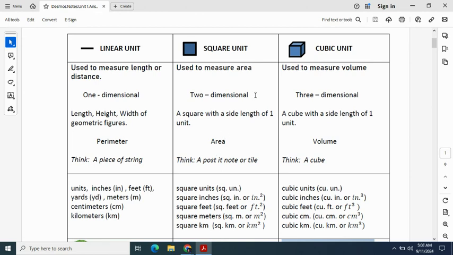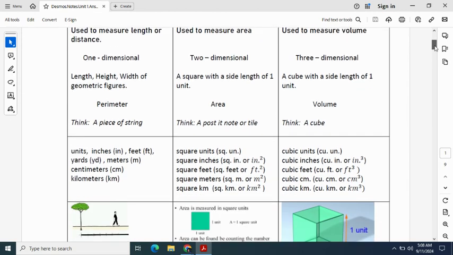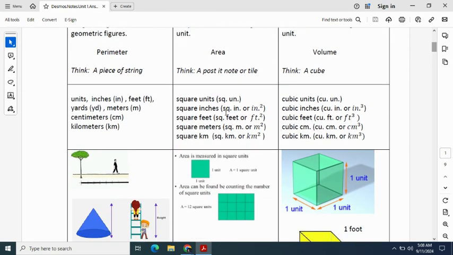Now, I'm measuring area. It's two-dimensional, and the labels for a square unit would be square units, square inches, square feet, square meters, square kilometers.